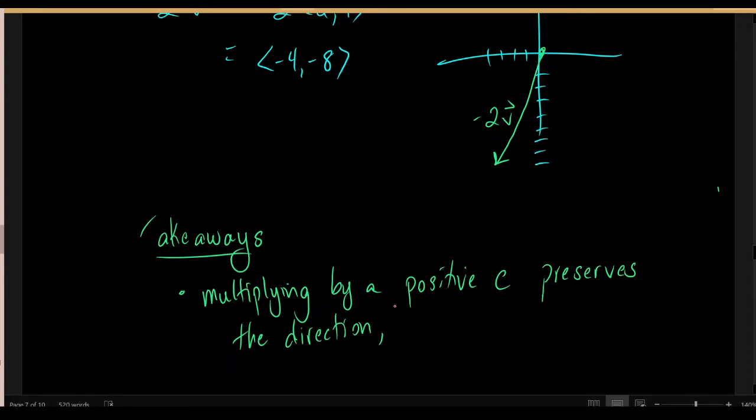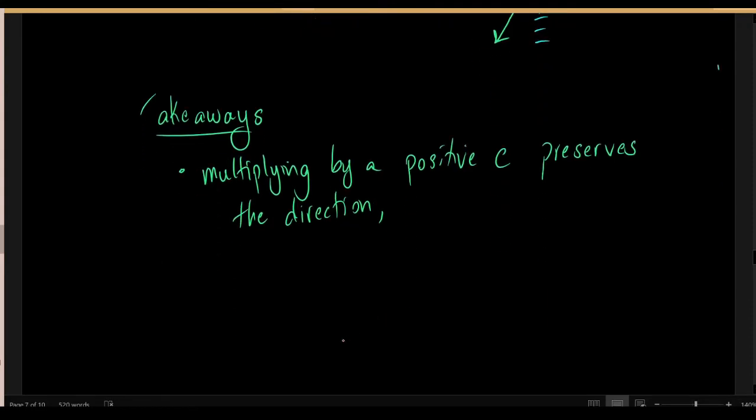But if you multiply by a negative scalar, if you multiply by a negative number c, then that changes the direction of the vector so that the result points in the opposite direction.